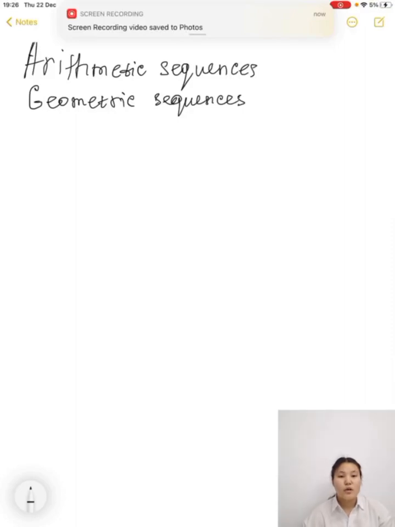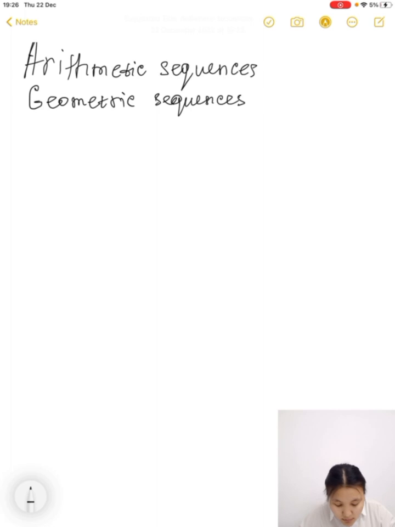Hello, today we are going to talk about arithmetic sequences and geometric sequences. The definition of arithmetic sequences: let's look at the sequence 6, 10, 14, and 18.